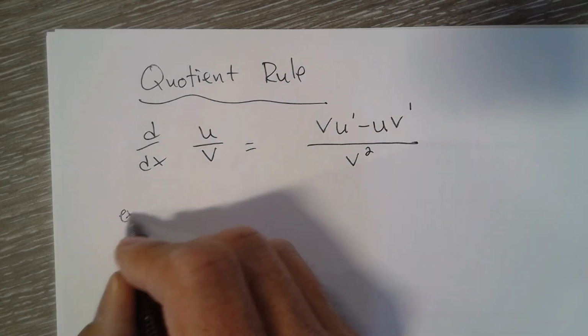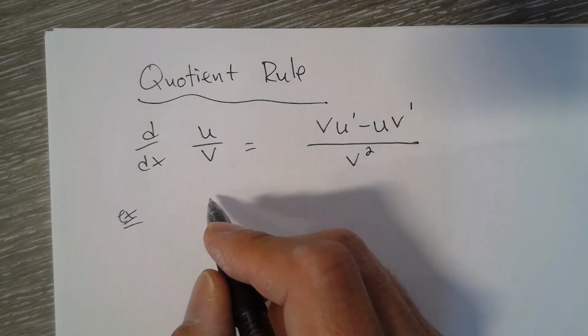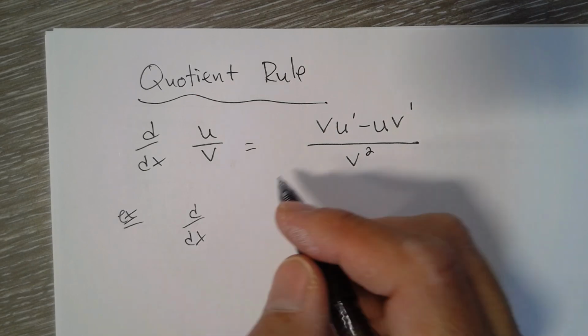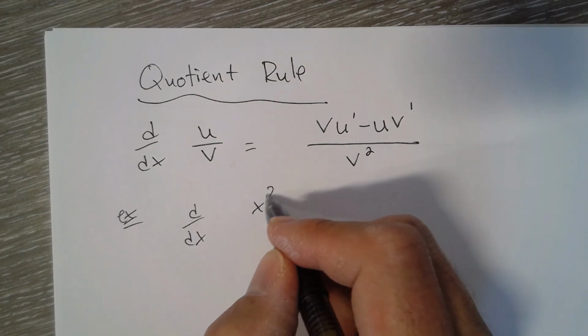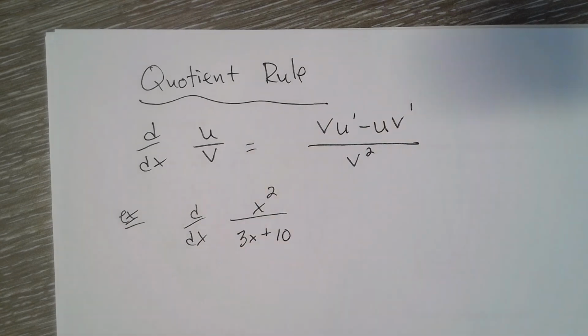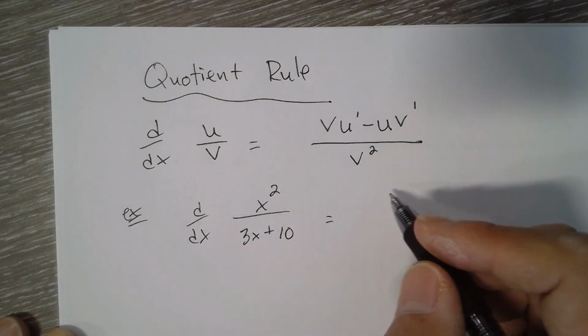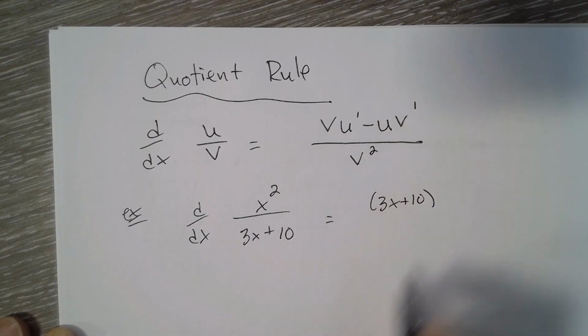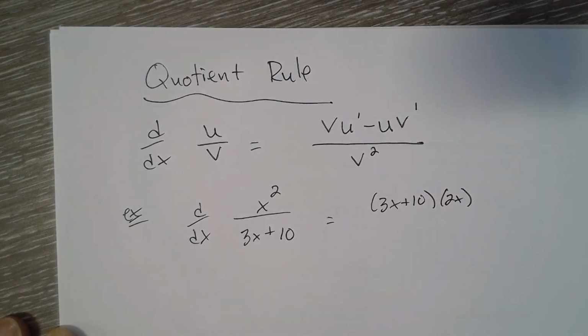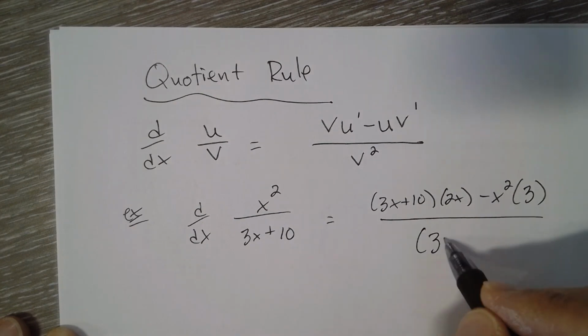So, example, we've got 1 minute. I'll go quickly. The derivative of x squared over 3x plus 10. If we're going to find the derivative of that using the quotient rule, it's equal to the bottom times the derivative of the top, minus the top times the derivative of the bottom, all over the bottom squared.